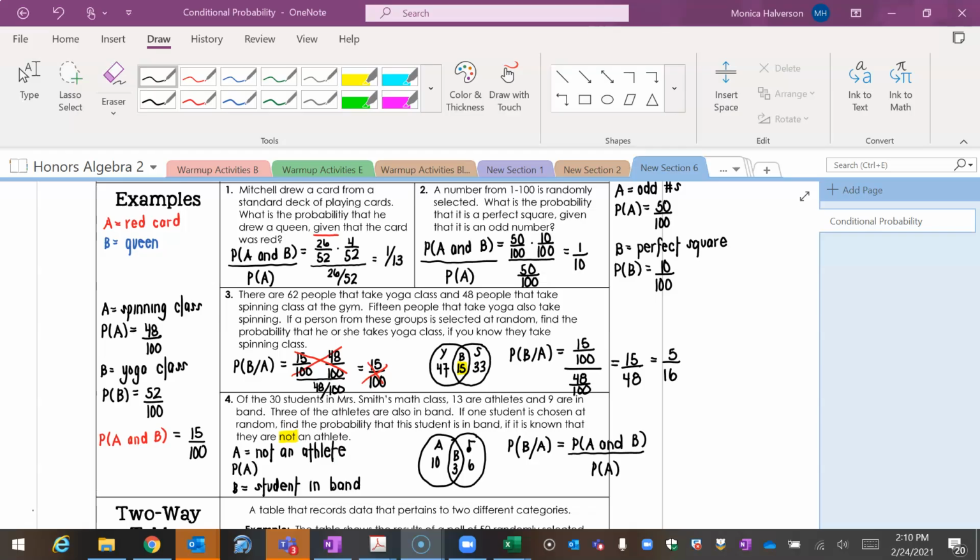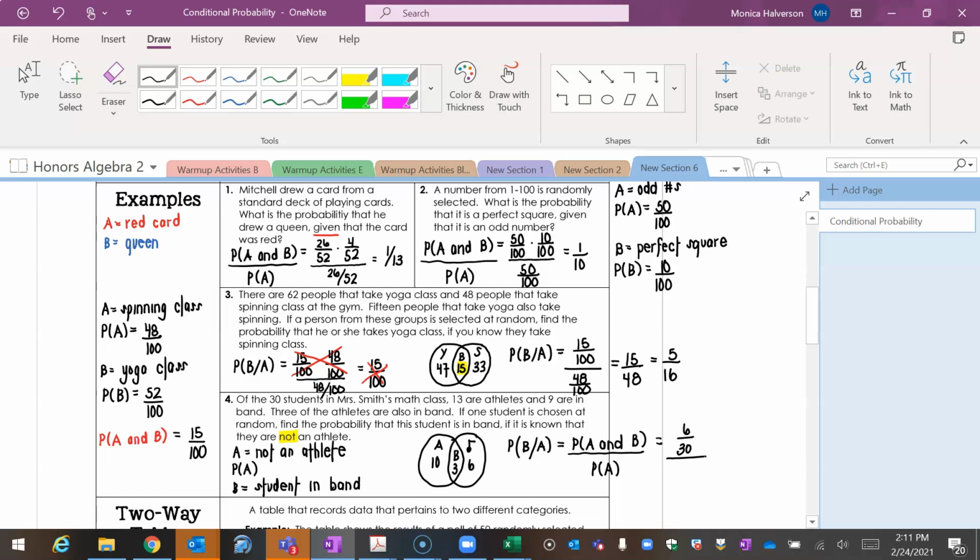So the probability of A and B is the probability that they are not an athlete and they're a student in the band. So that means it's 6 out of 30. 6 students are in the band that are not athletes.